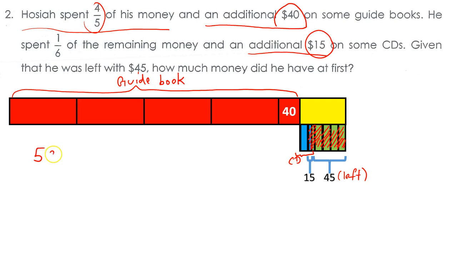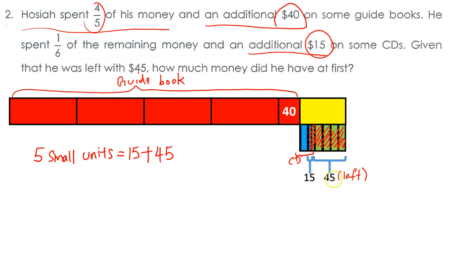So what I can do is I can start my first step. 5 small units is actually equal to 15 plus 45, because it is made up of a partial blue and the other 4 plus green units.